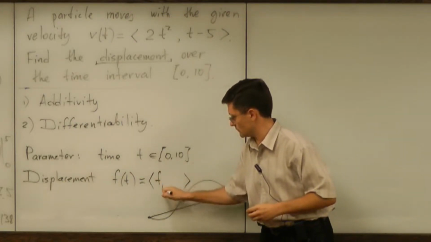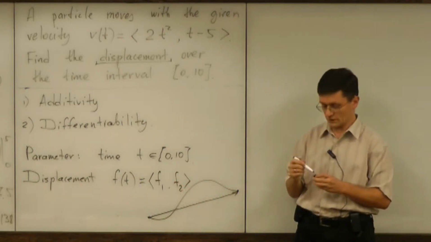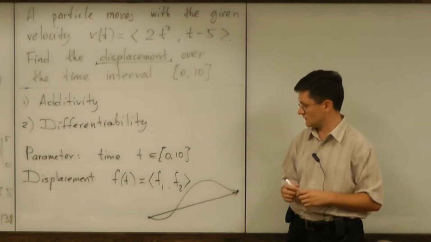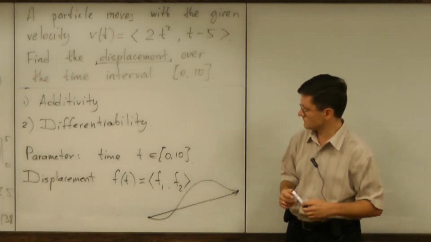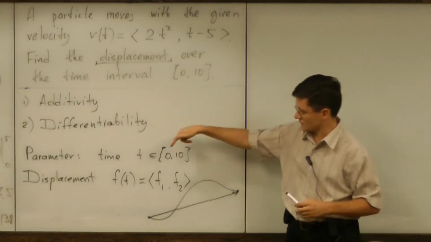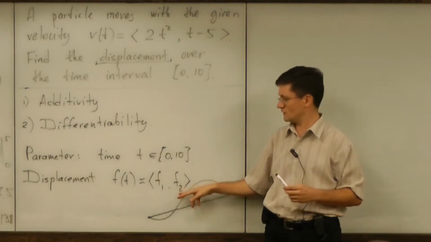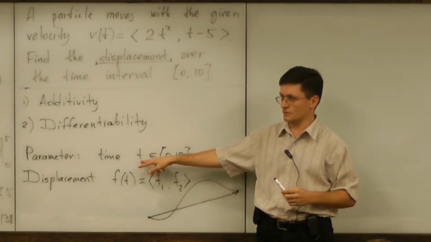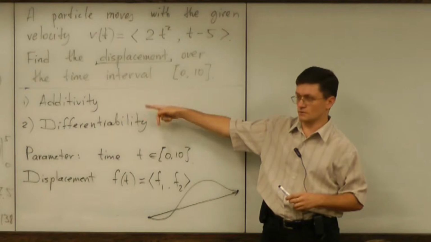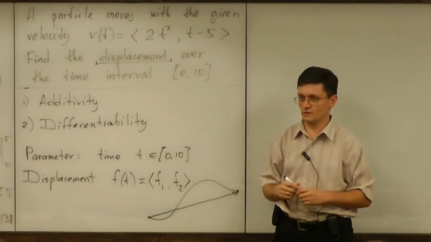Let me use f1 as x coordinate, f2 as y coordinate. And now f1 and f2 are functions of t. And now what I have is the vector valued function of the parameter t. And for this function, I have to check these two properties. Do I have additivity? And what does it mean?